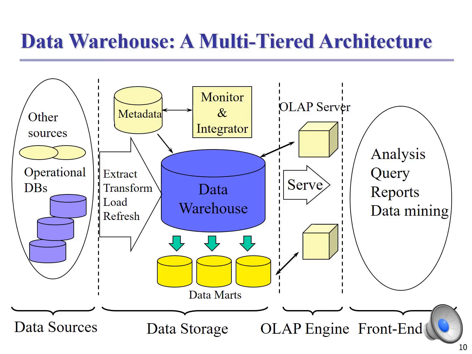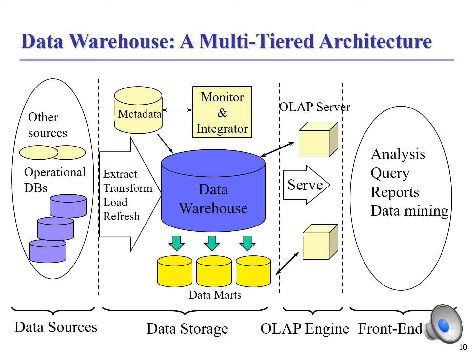Now the topmost layer of your data warehouse architecture consists of front-end tools, in order for the data analyst to write his query and send it to the OLAP server. And once he gets the results, he does an analysis of the returned results, generates reports, and probably comes up with some visual techniques to understand the reports.